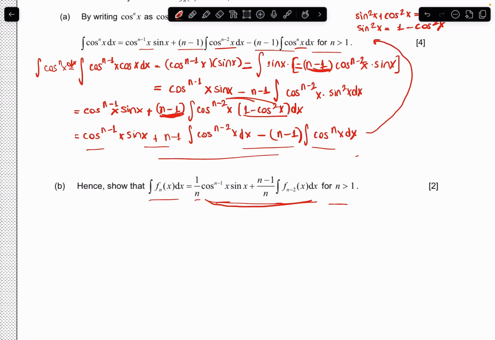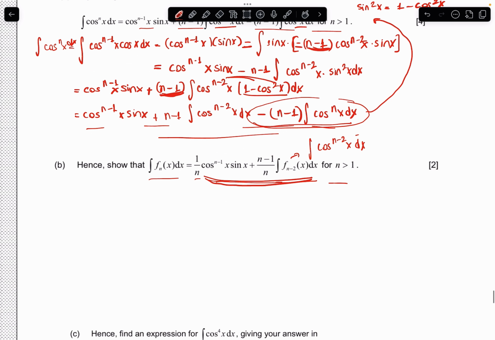If you take a closer look, you can see that this is the integral of cosine^(n minus 2) x dx, and in order to achieve this side, you have to get rid of something at this side, and that is going to be this part right here. Because this equals the integral of cosine^n x dx, if you throw this part into the left side of the equation, this is going to be (n minus 1) times the integral of cosine nx dx.